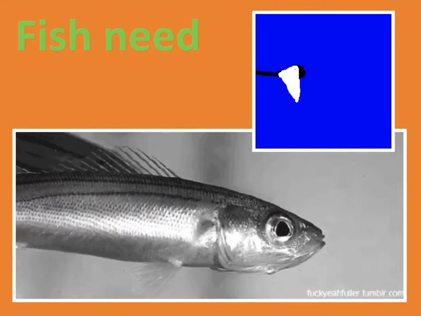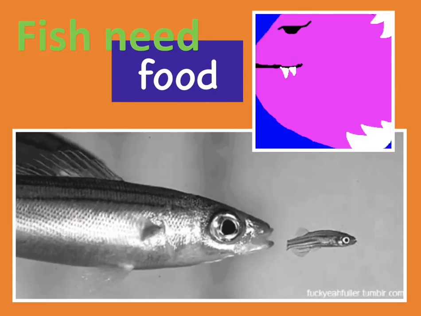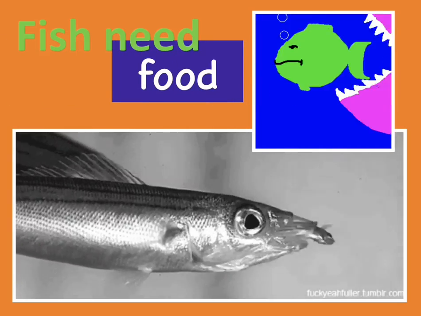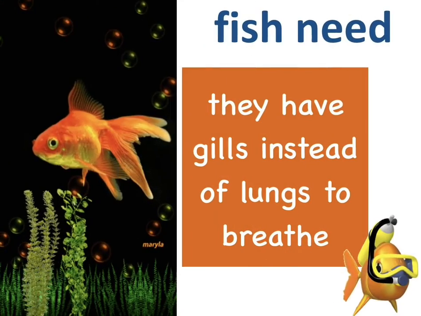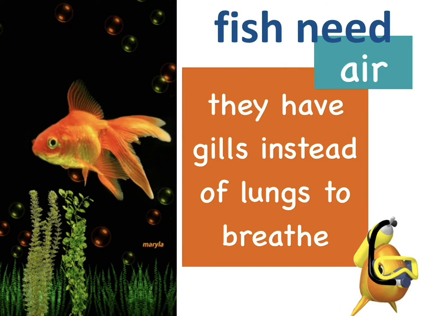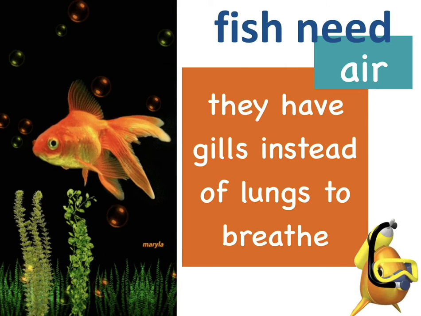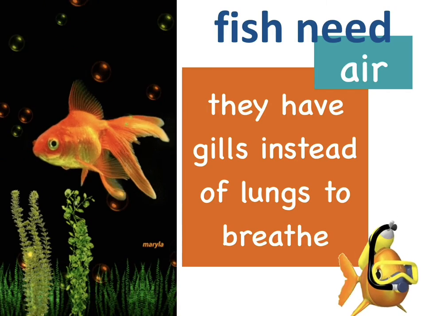What do fish need? Fish need food. Some fish eat another fish. And fish need air. They have gills instead of lungs to take in the oxygen in the water.